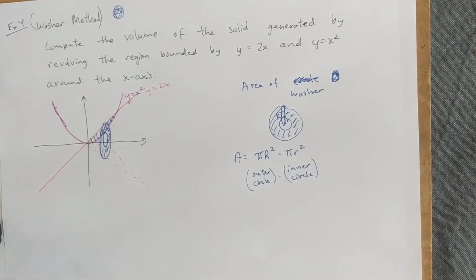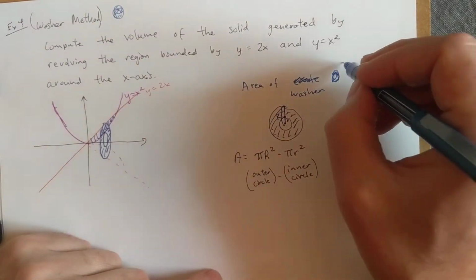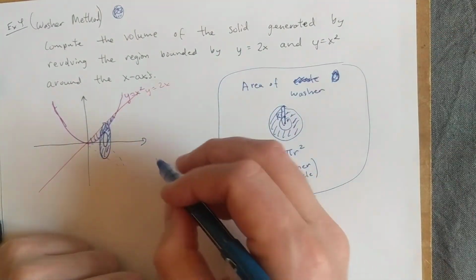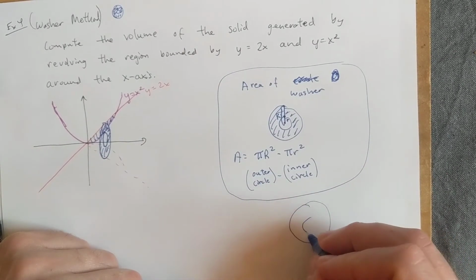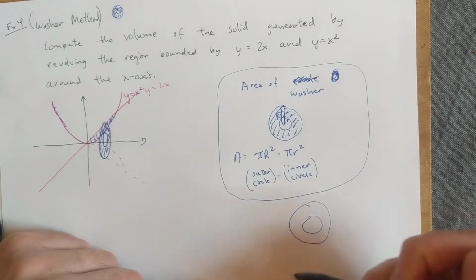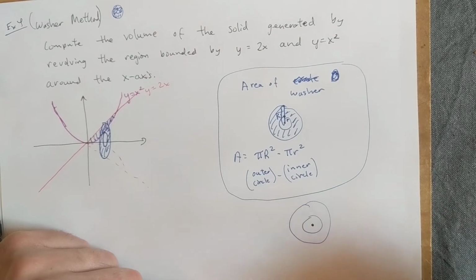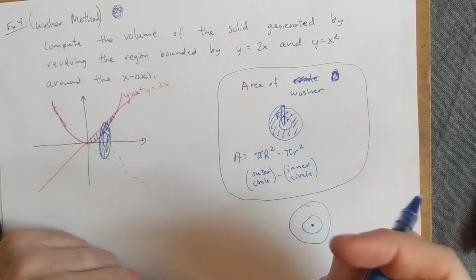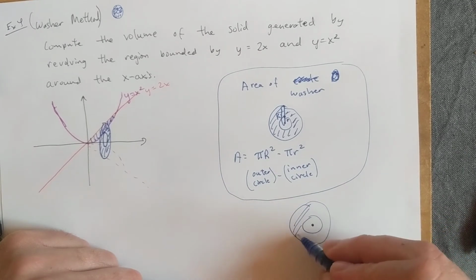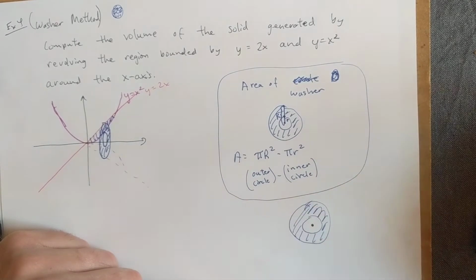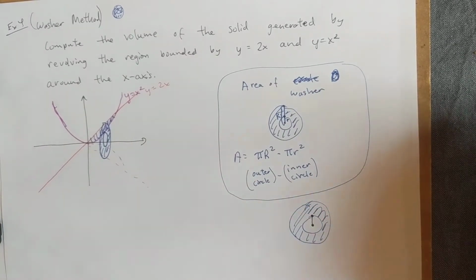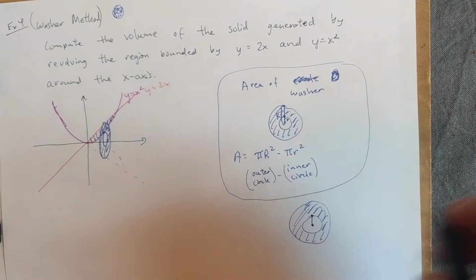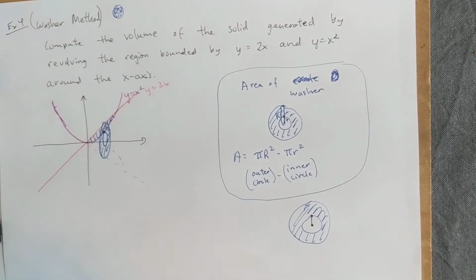Okay, so all we need to finish this problem is to know what the radius of these two circles are. We have the x-axis going through the middle. First, going from the middle, the first thing we hit is the purple function, which is y equals x squared.